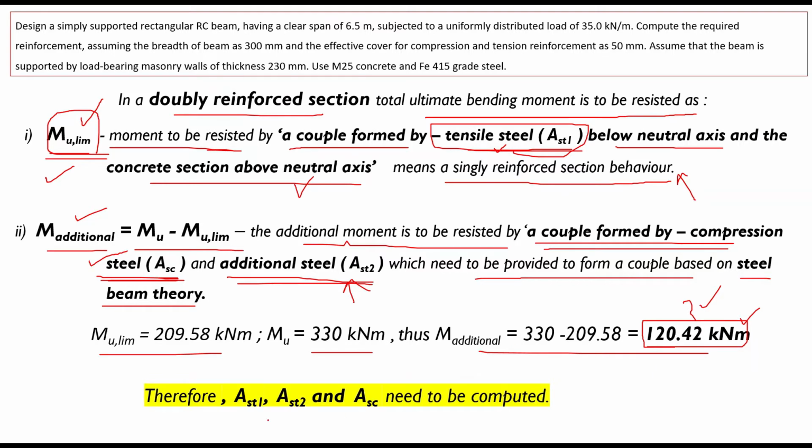So in this type of design problem, we have to calculate Ast1, which is provided as tensile steel, Ast2, which is provided as additional tensile steel, and Asc, the area of steel in compression, which will take care of compressive forces.